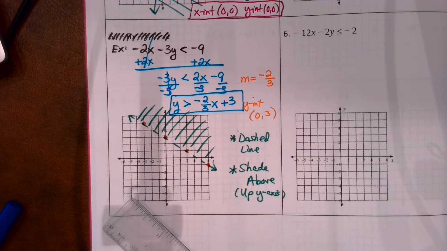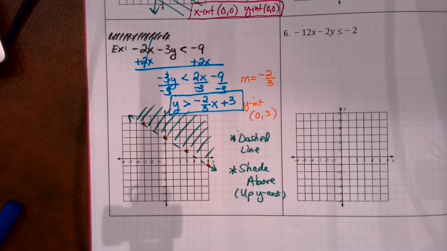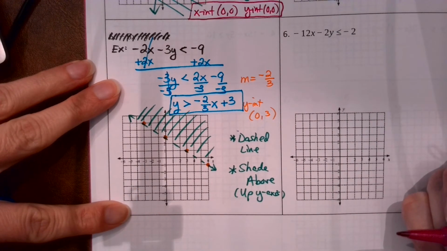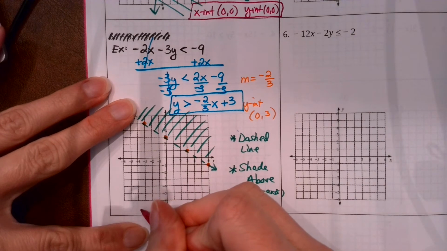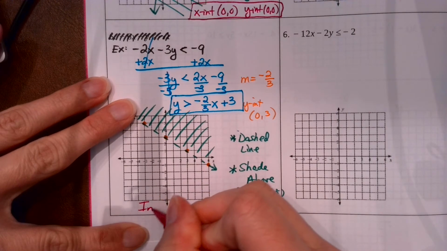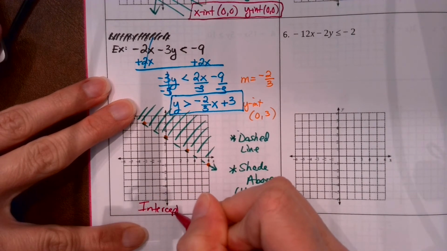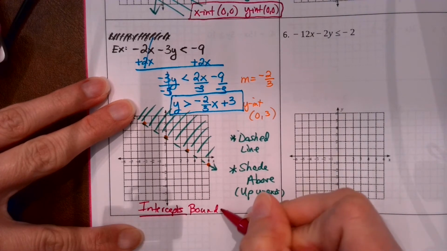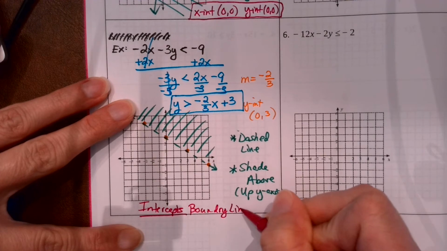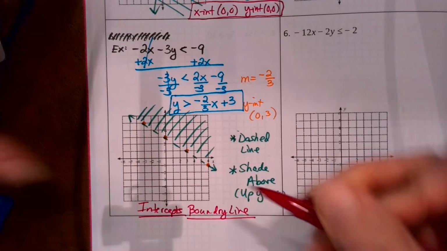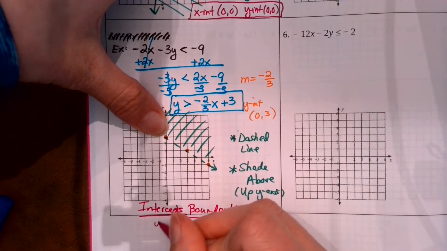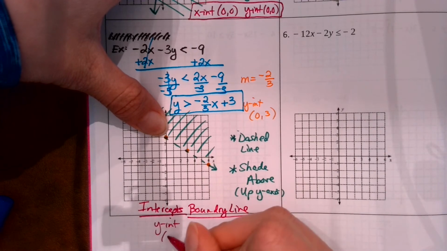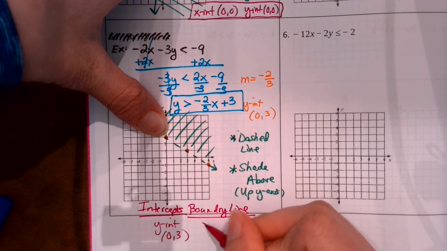Okay, something I want to review with you are the intercepts. So what are the intercepts? What are the intercepts of this boundary line? The intercepts of the boundary line. Well, I know one of them right there. The y-intercept is 0, 3.